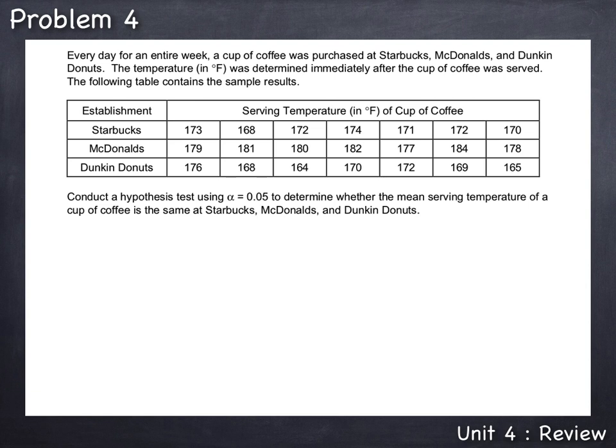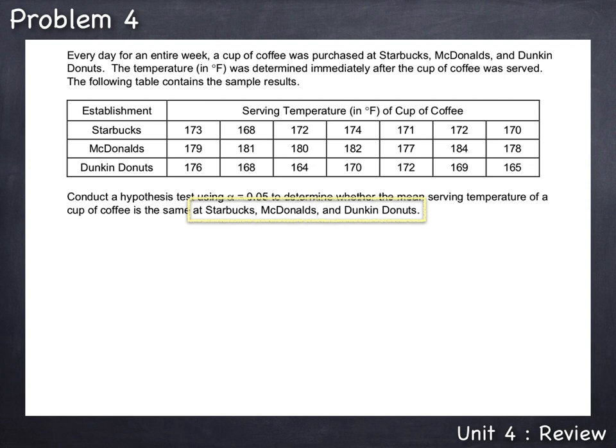So this problem asks us to conduct a hypothesis test. So we'll be conducting a hypothesis test procedure to determine whether the mean serving temperature of a cup of coffee is the same at Starbucks, McDonald's, and Dunkin' Donuts. This would be 3 different populations.